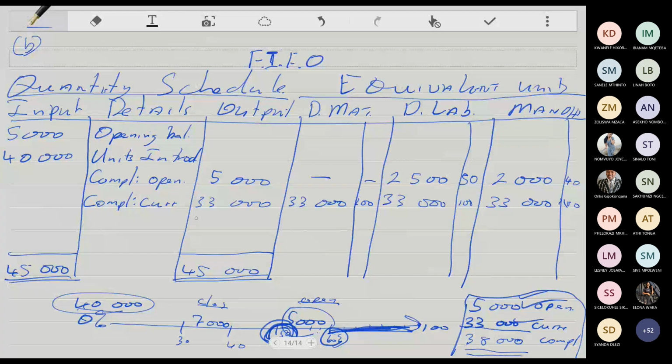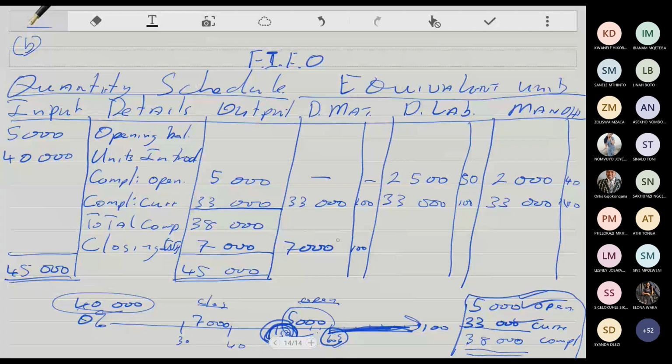Then we move on and take into account the closing work in process. So we've got that 7,000. There's no change, and when it comes to the closing, it's going to be 7,000 in the material at 100%. Now, can you see the reason why in that opening we didn't put anything? Because we've already put 100% when it comes to our direct material.